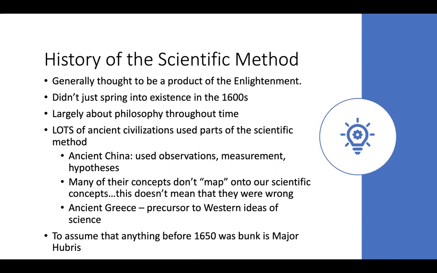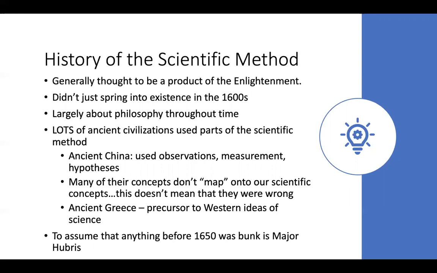Because we're more advanced and smarter. Anyway, we should be a little more humble about our black and white ideas about when the scientific method started. It's generally thought that we didn't have the scientific method until the mid-1600s, when the Enlightenment or the rational age started, that sort of thing.